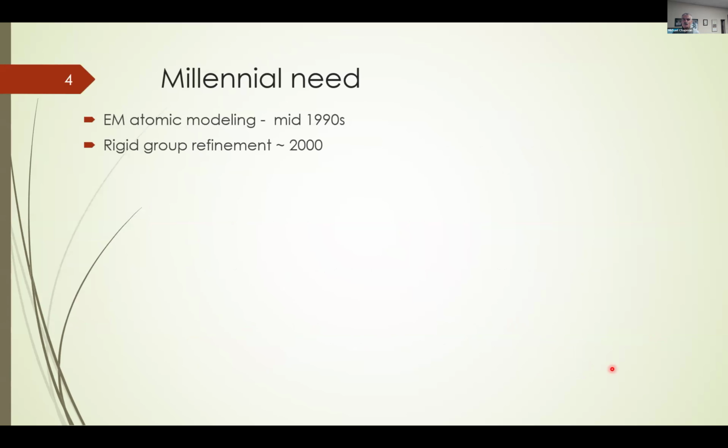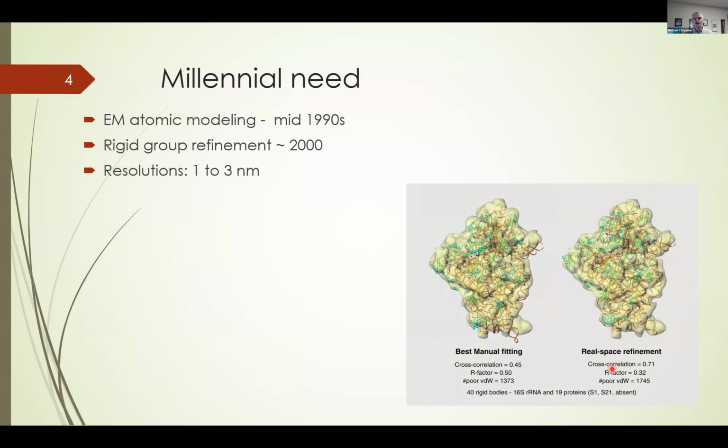So I want to turn your attention back a couple of decades to thinking about the needs of structural biology about 25 years ago, when EM structures, you were doing well to get resolutions between about 1 and 3 nanometers, and people started fitting crystallographic component structures into these maps.